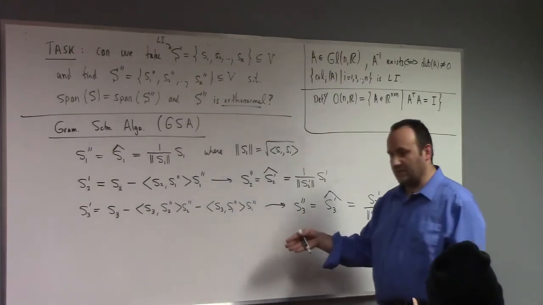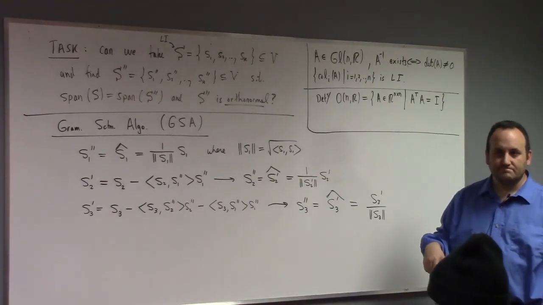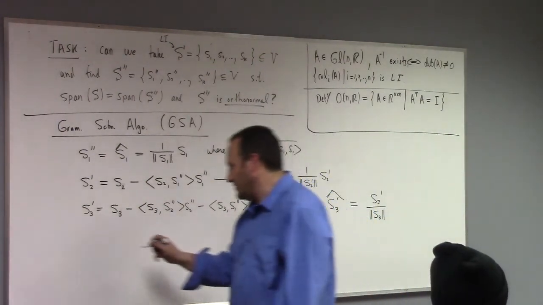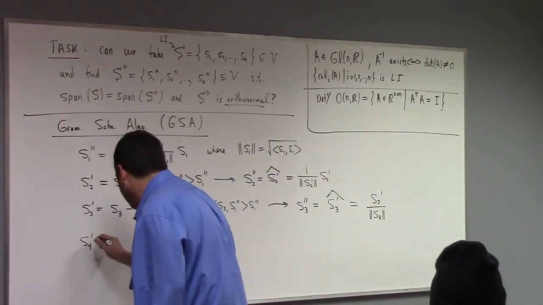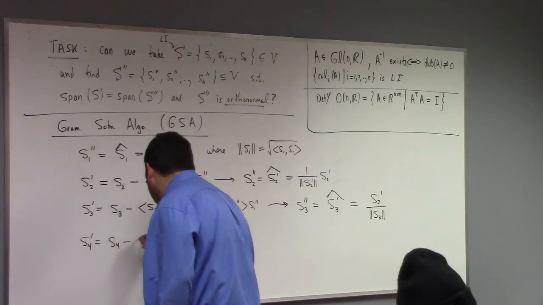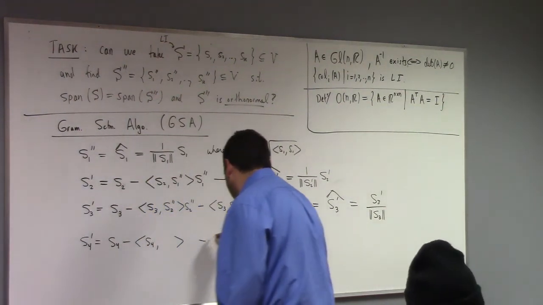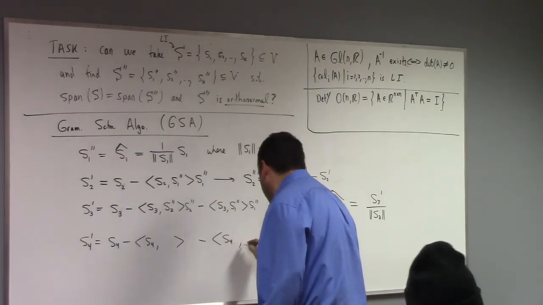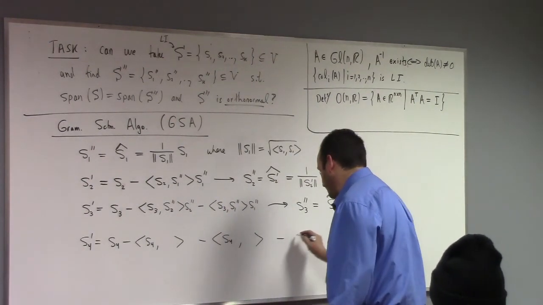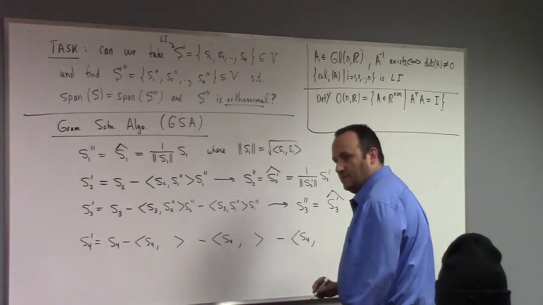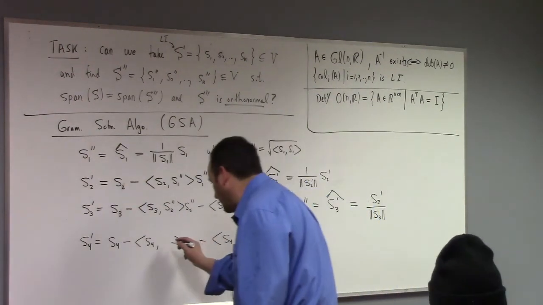Do you guys know what the next step would be? What would S4 prime be? So it's always the fourth one, the one that you're fixing, goes first, and then you're ripping off components.